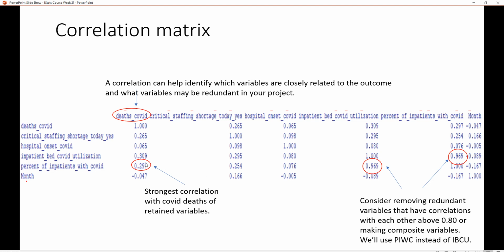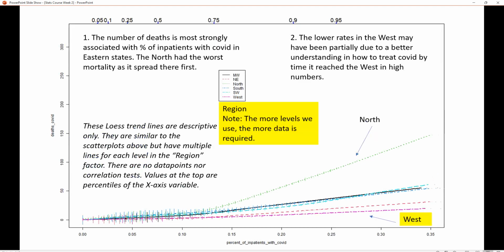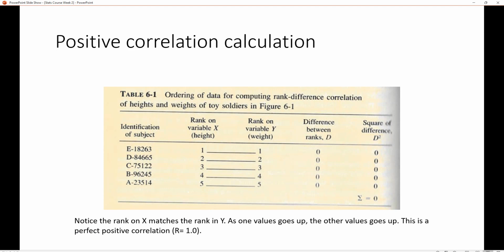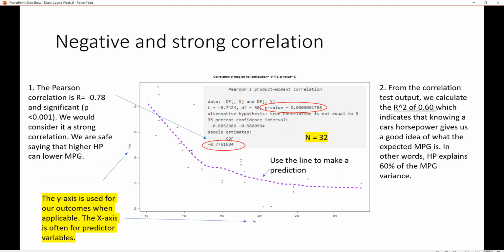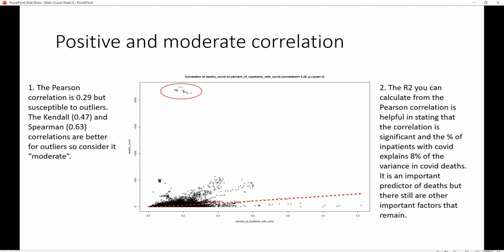I used Pearson correlations, and that by itself would round up to a moderate correlation. And if we use Spearman correlations or Kendall-Tau correlations, we would see that it would be a moderate correlation. And that's what we did here.